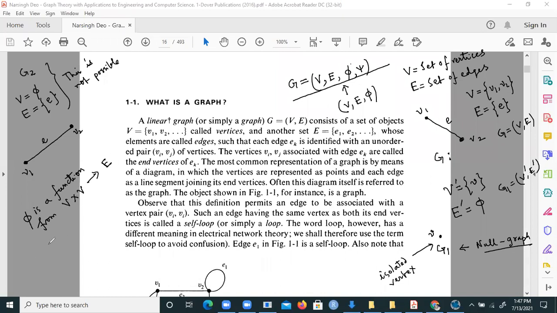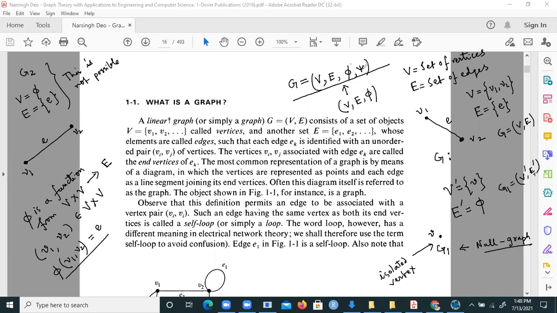Suppose I consider the two elements V1 and V2 from V cross V, and I apply the function on the pair V1, V2, and you get an image, say small e. That mathematically implies that these two vertices are connected by the edge small e.